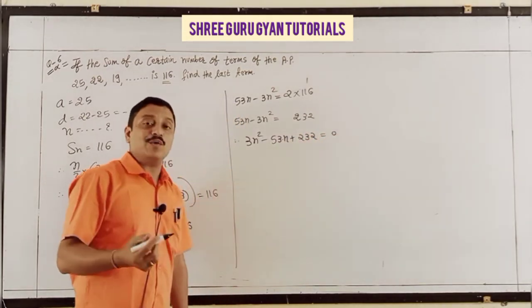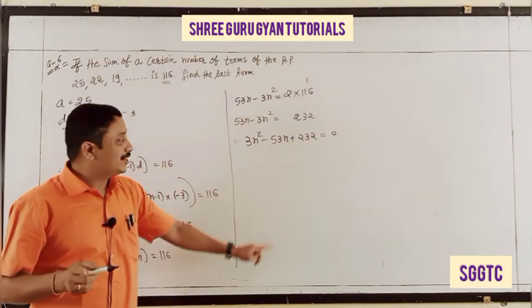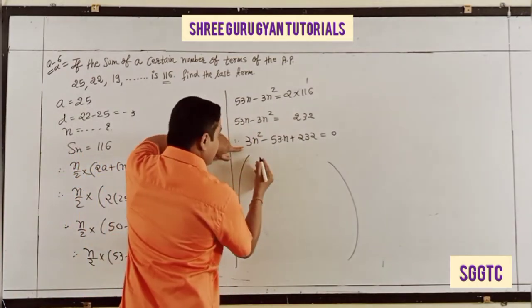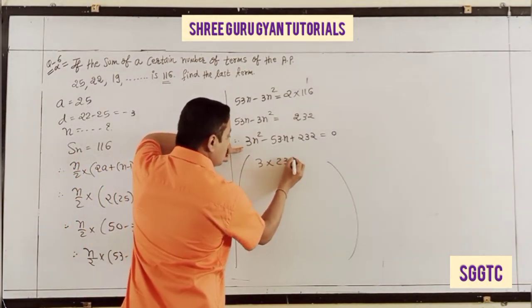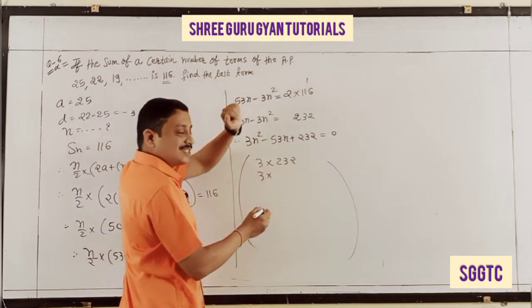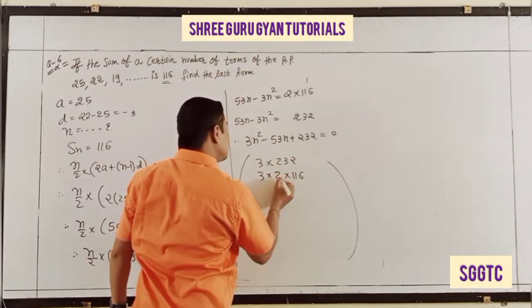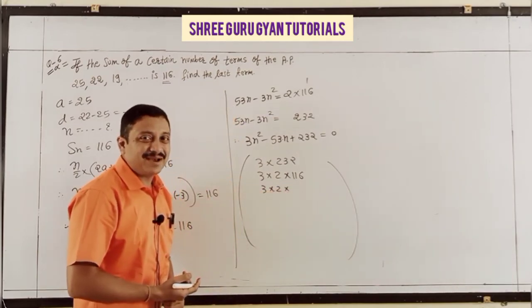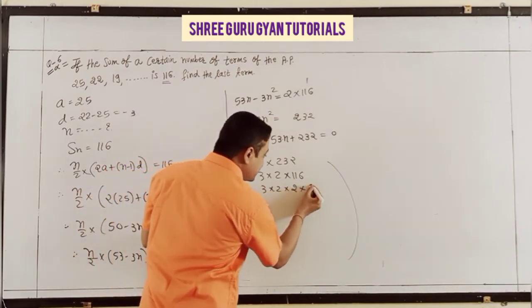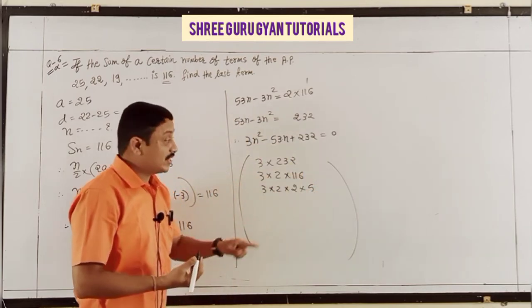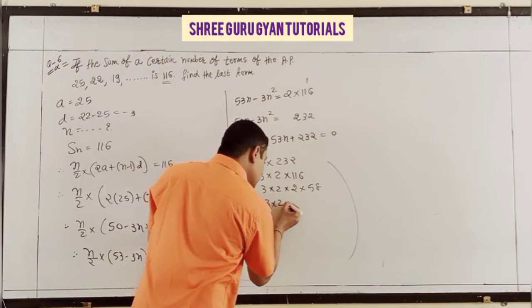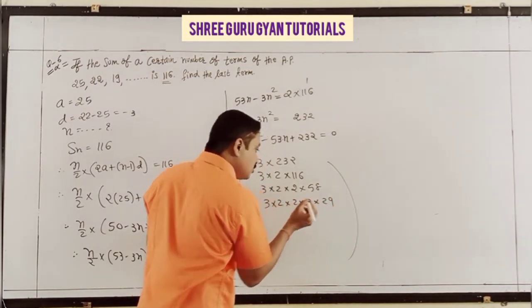Now anyhow here you make the splitting of the middle term 53. So can we write down here 3 into 232? Yes, 232 is itself 2 into 116. Again you can dissolve 116, divided by 2: 2 5s are 10, 1 carry, 16, 2 8s are 16. Again you can dissolve maximum, 29 2s are 58.